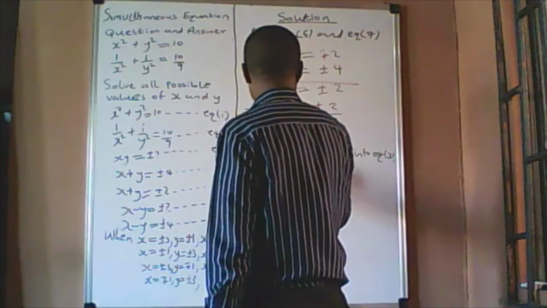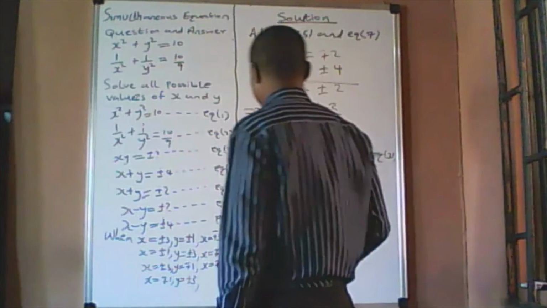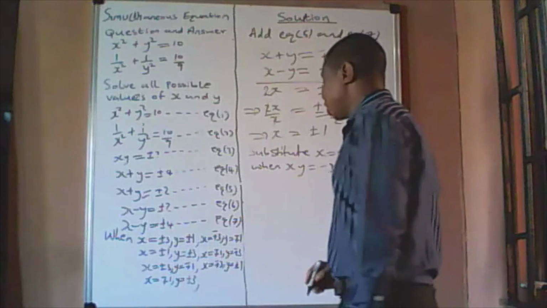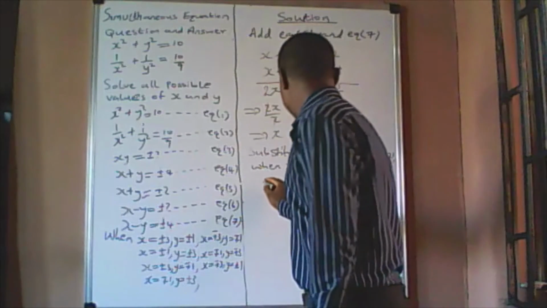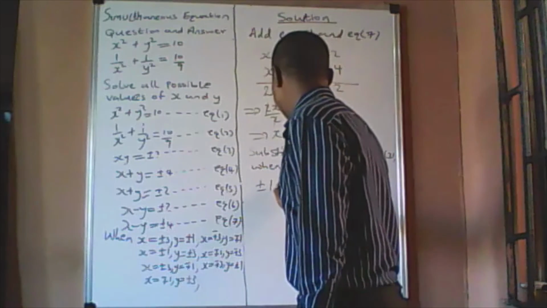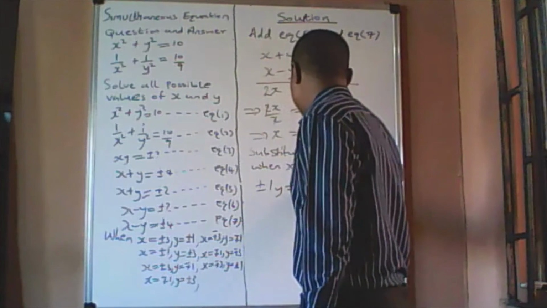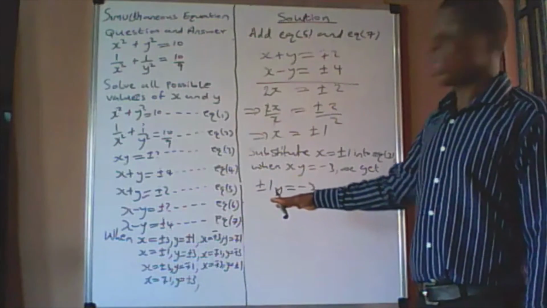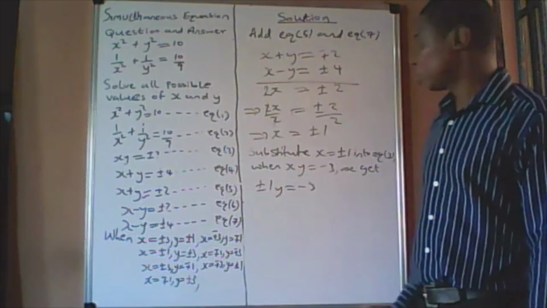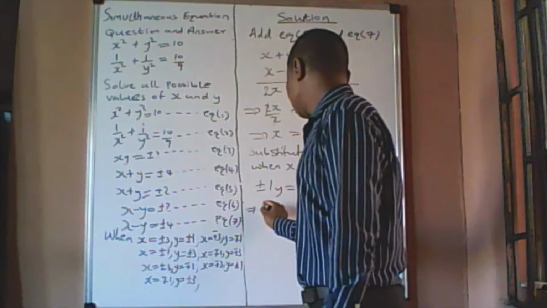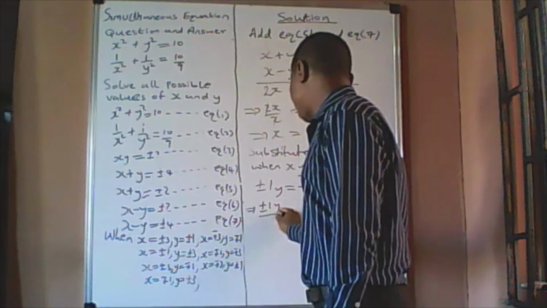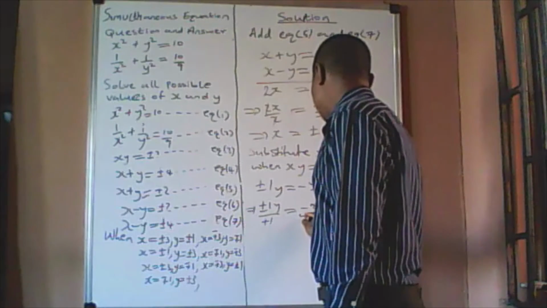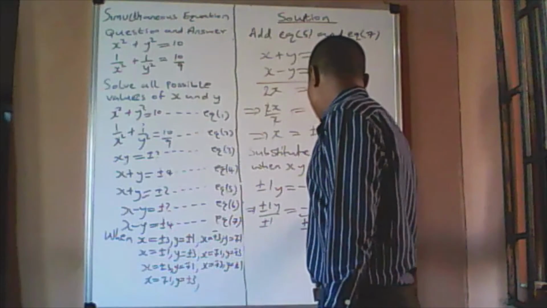When x times y equal to minus 3, we get plus or minus 1 y equal to minus 3. Divide both sides by plus or minus 1. It implies plus or minus 1 divided by plus or minus 1 equal to minus 3 divided by plus or minus 1.